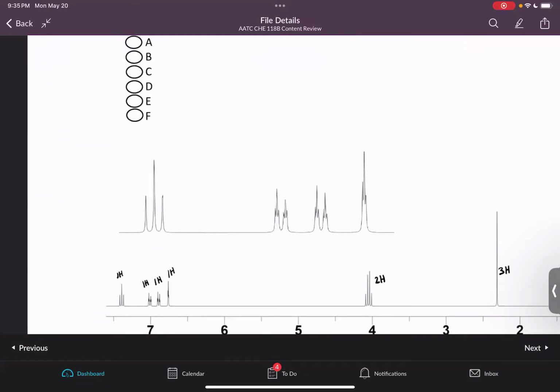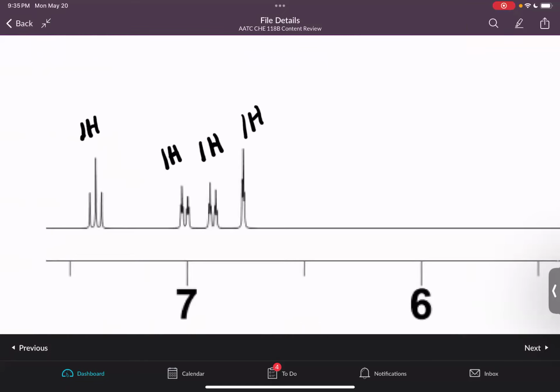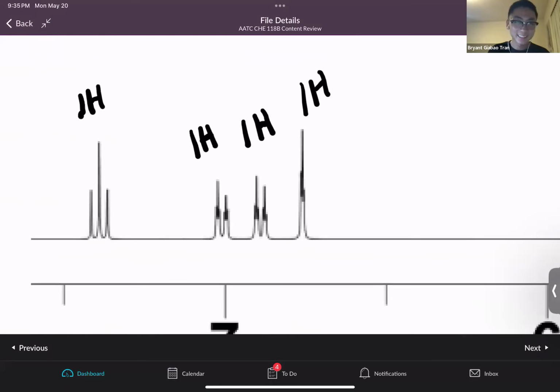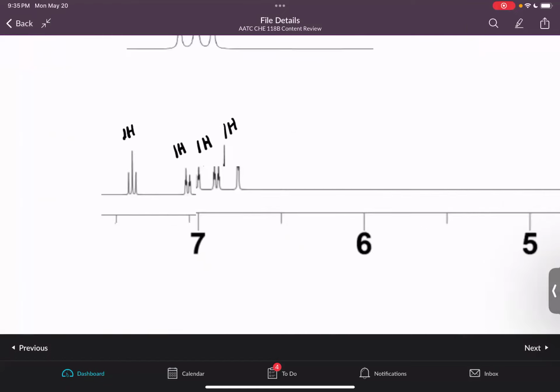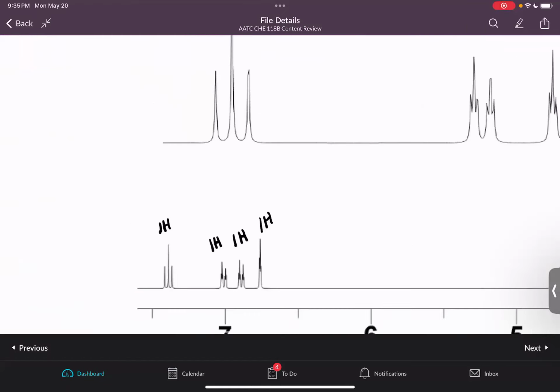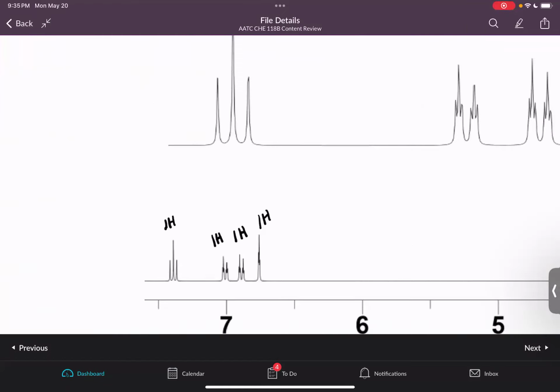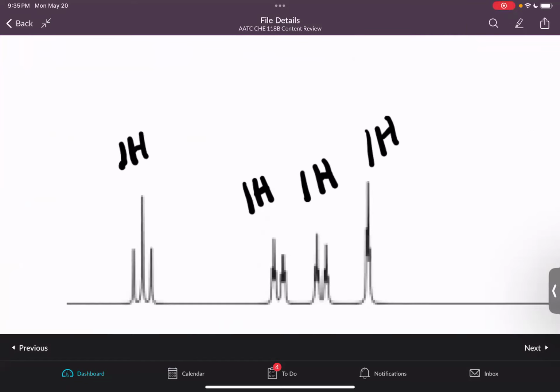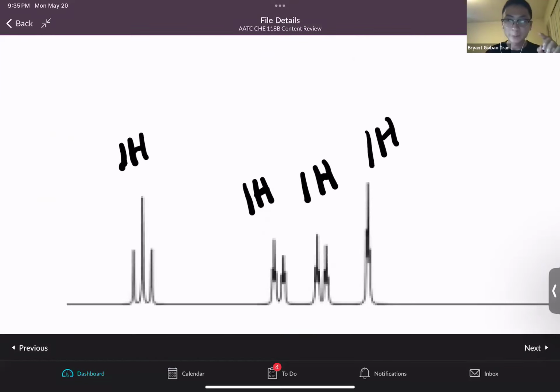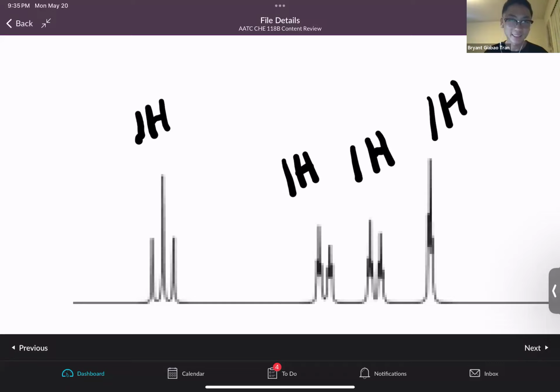But if it's super close, you can just assume singlet. In this case, you ignore the splitting and look at the total overall peak and consider that. Another big sign is that there's 4 benzene hydrogens, so that means we have 2 substituents. So it's either ortho, meta, or para if we have 4 benzene hydrogens like that, which is di-substituted.